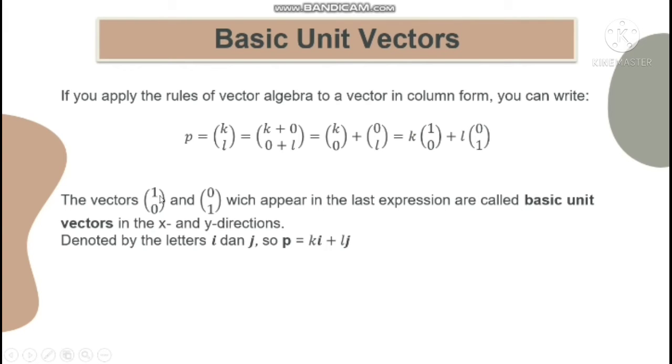The vectors (1, 0) and (0, 1), which appear in the last expression, are called basic unit vectors in the x and y directions, denoted by the letters i and j. So P equals Ki plus Lj.